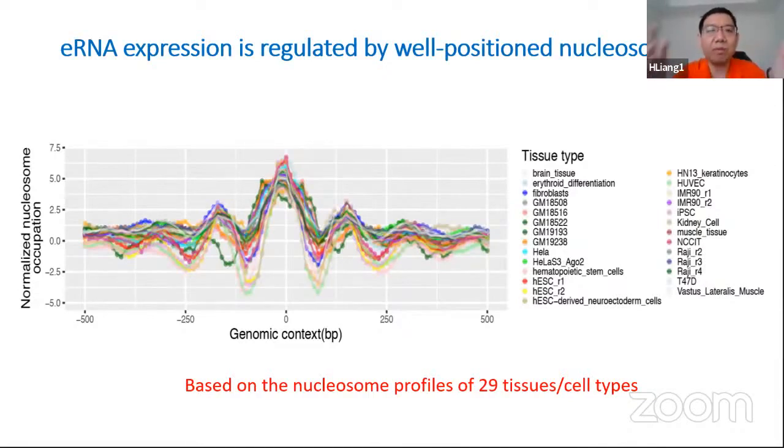So when you superimpose that ERA peak with the nucleosome signal, you see there's exactly nucleosome occupation corresponding to that ERA signal. This is because in most tissues that ERA is silent, so you see occupation. So from there, we can think ERA expression is regulated by a well-positioned nucleosome.